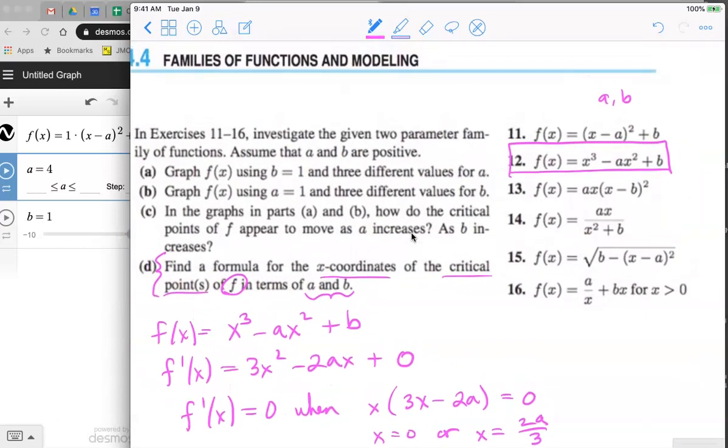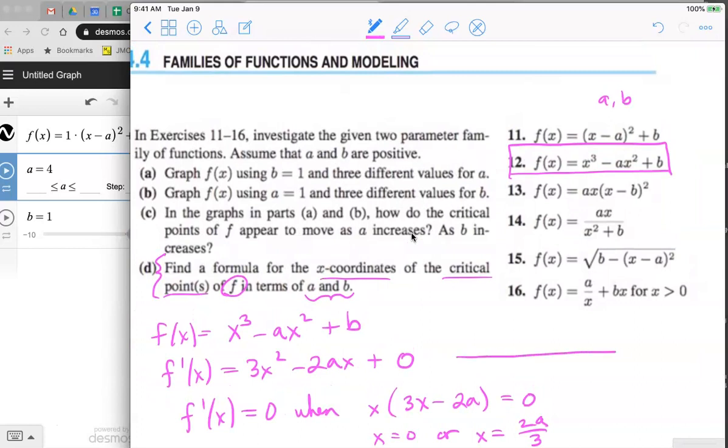Okay? So what we're going to see here is that if we look at the sign line for f prime, we have a critical number at 0 and a critical number at 2a over 3. So checking the test points, if you take a number x less than 0, this will be negative.